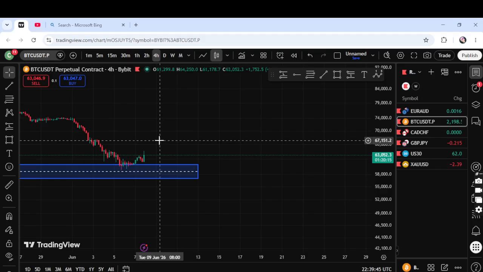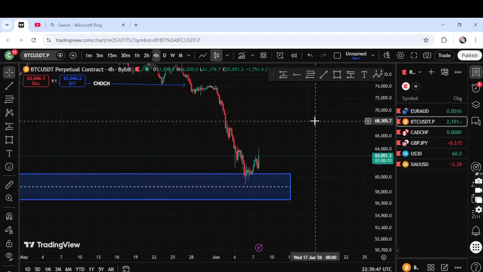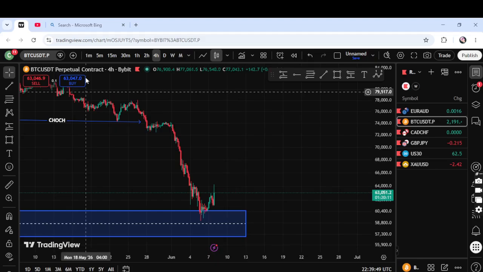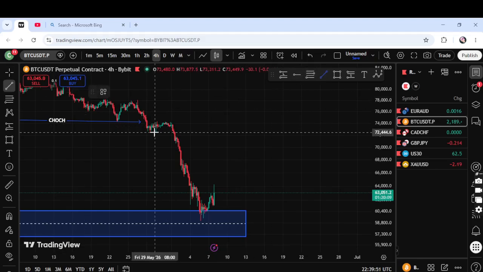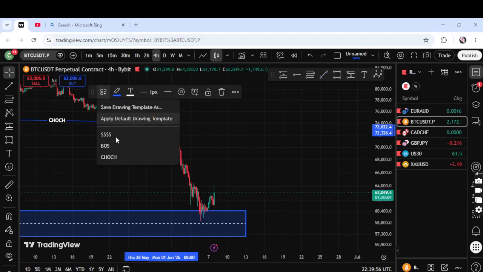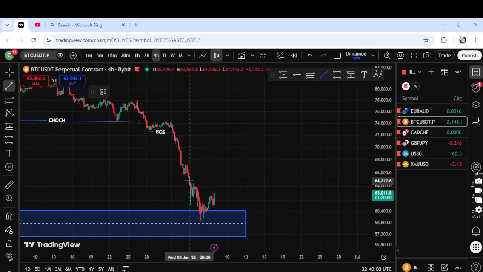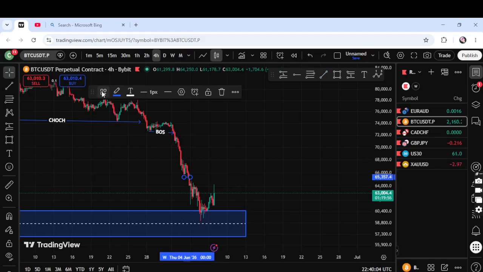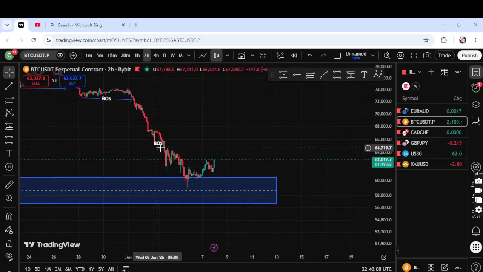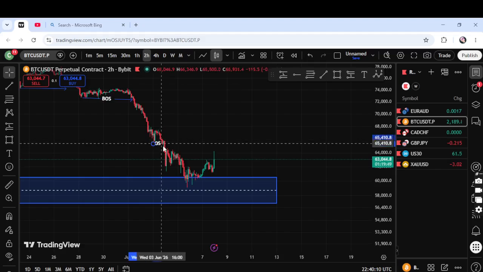Into 4 hours. So we find a break of structure here. Another break of structure here. Into 2 hours.